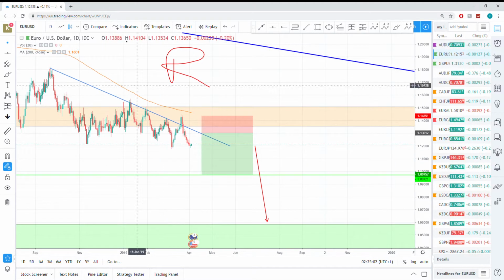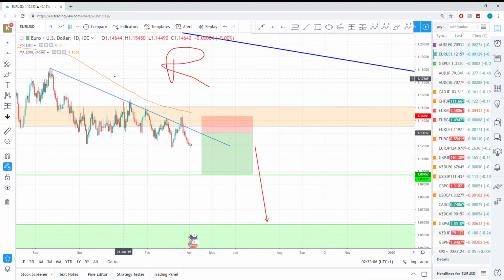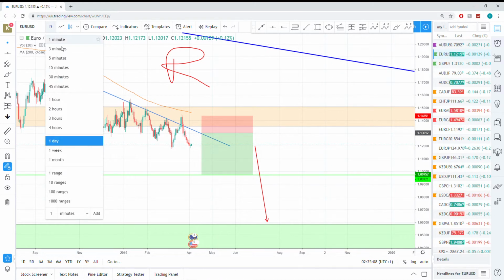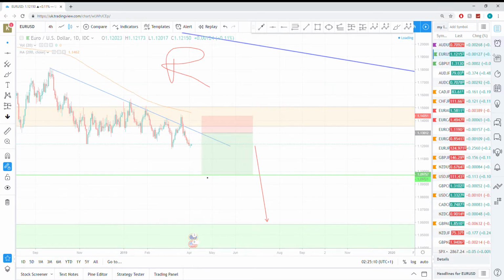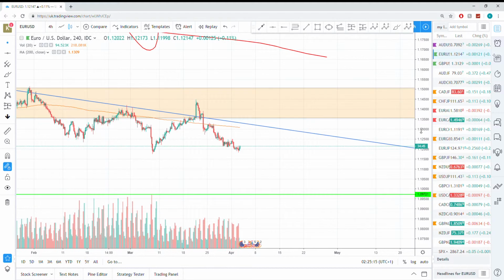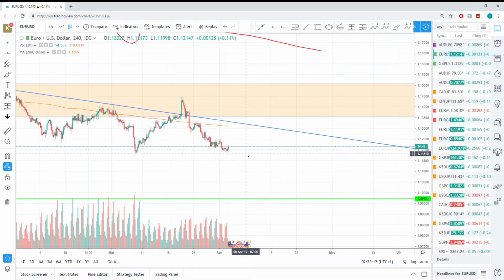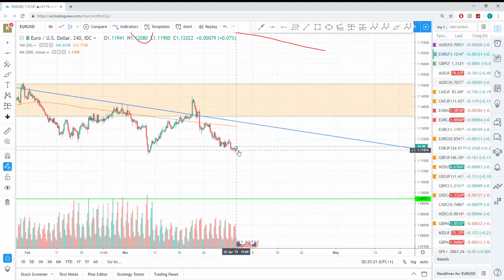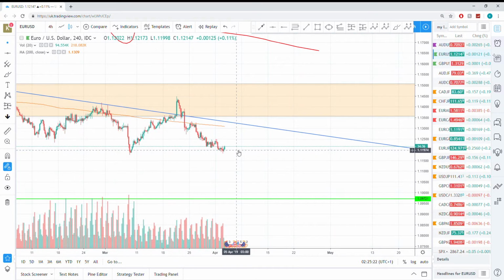So this would be a very long-term sort of scale. The shorter we go down on the time frames, the more specific we can get with when and where to enter our trades and how we can reduce the risk and get more reward, right?